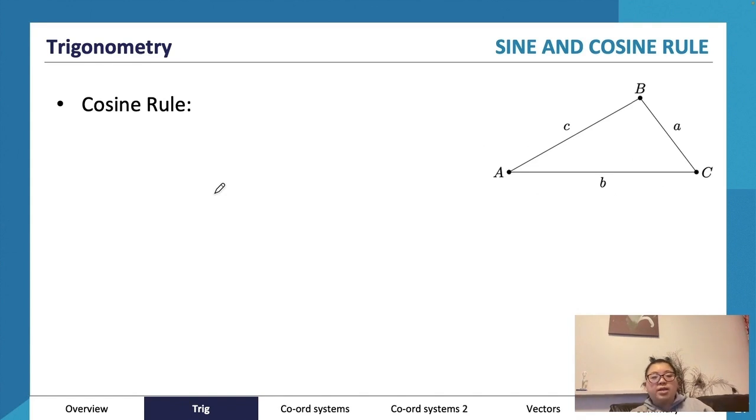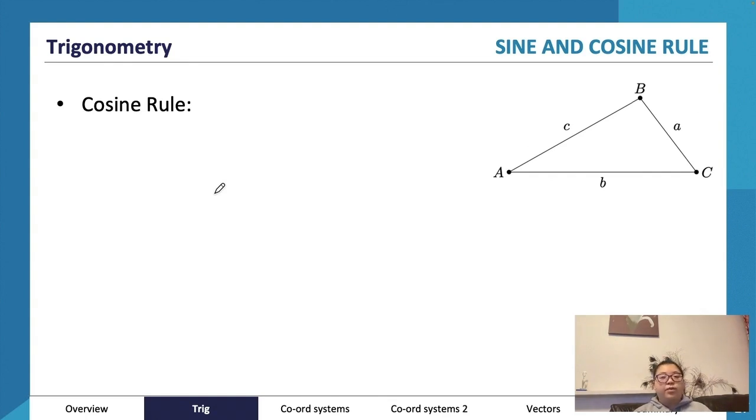But there's also another side of trig, which is all about the triangles which aren't right angle triangles, right? So your isosceles triangles or your scalene triangles, or just your random equilateral triangles as well, anything that doesn't involve a right angle.